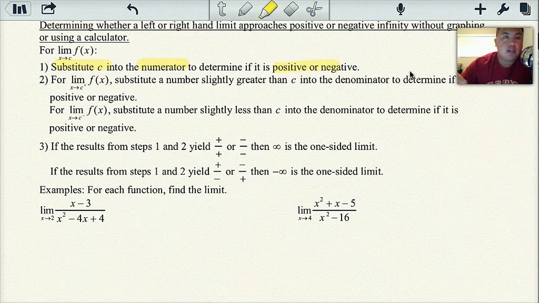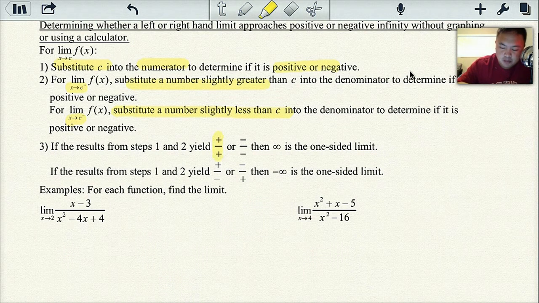Then, if you happen to get a number over 0, you're going to keep your numerator and try to figure out what the sign of the denominator is. If you get a c plus, put in a number slightly greater than c to determine the sign of the denominator. If you get a c minus, substitute a number slightly less than c, again just to see what the sign is.